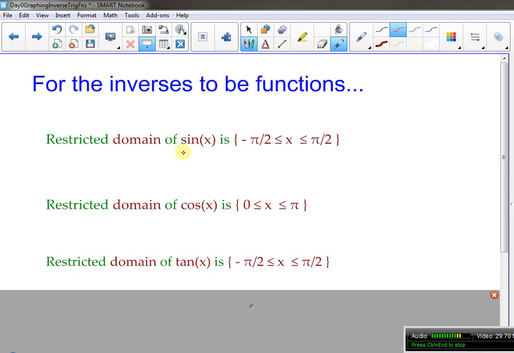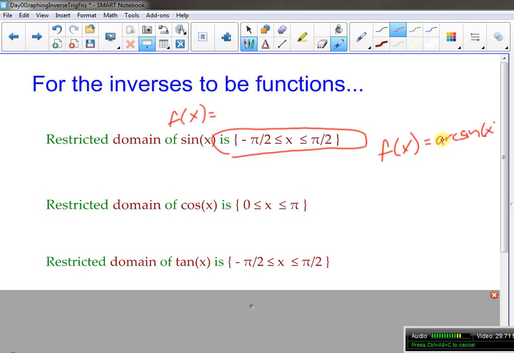The restricted domain of the original function: if we start off with f of x equals sine of x, if we use only this piece of it, then we will have a function for sine inverse or arc sine. And this is going to become handy when we start doing our evaluations, which we will do a few of today.